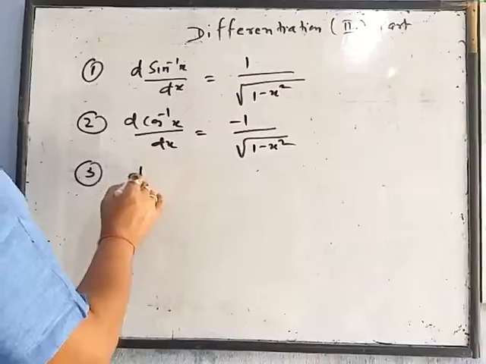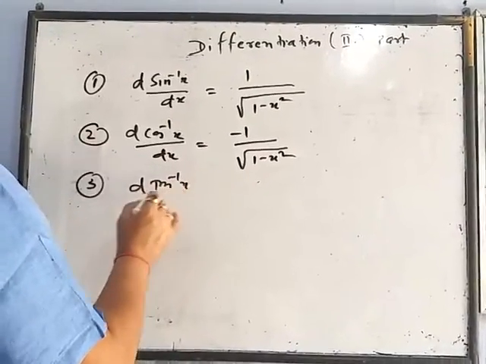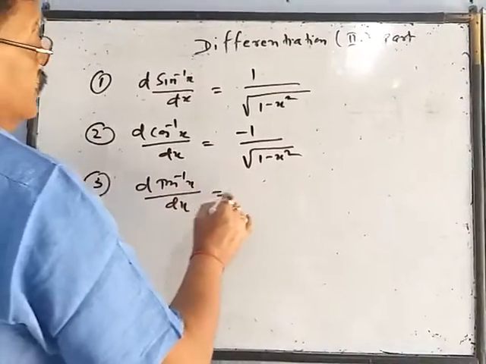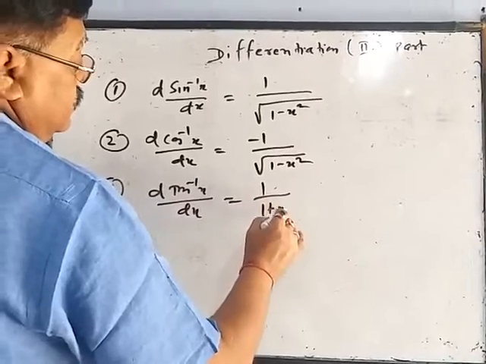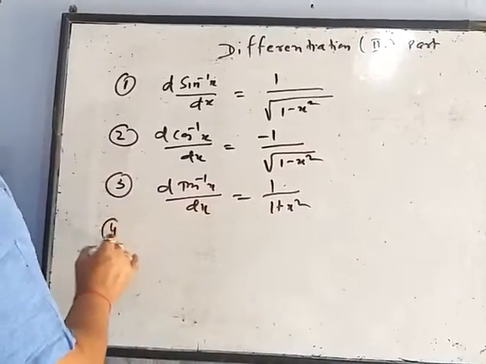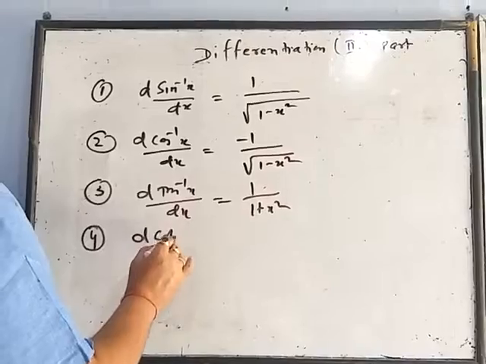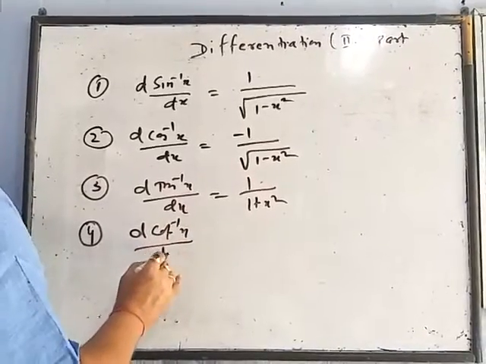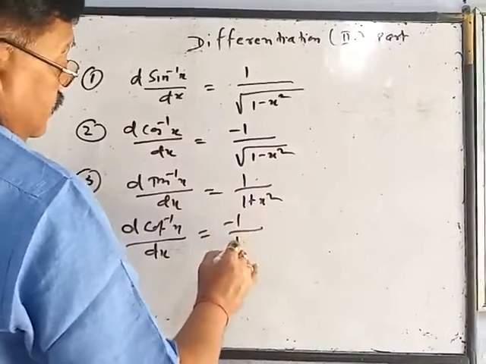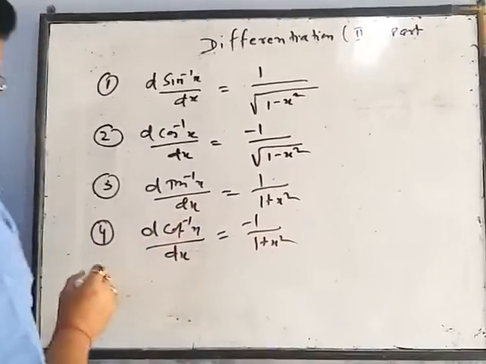Third, d tan inverse x by dx is 1 by 1 plus x square. Fourth, d cot inverse x by dx is minus 1 by 1 plus x square.